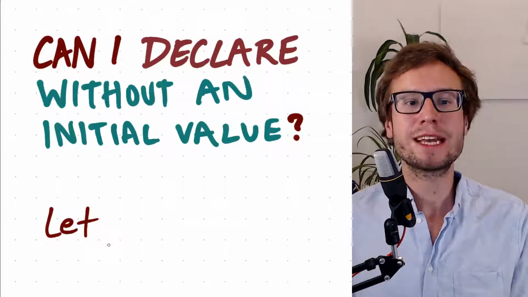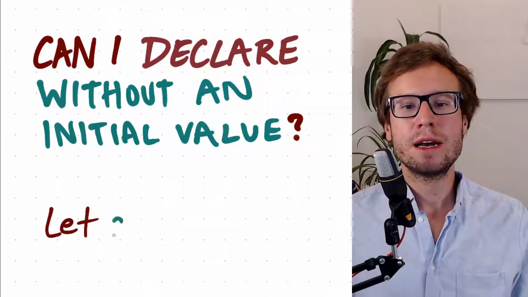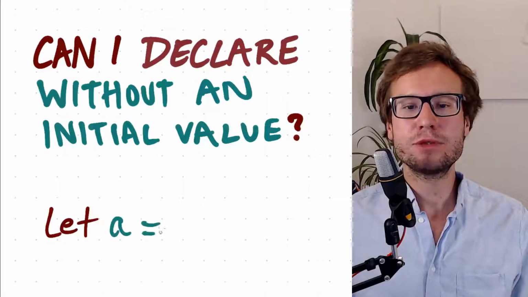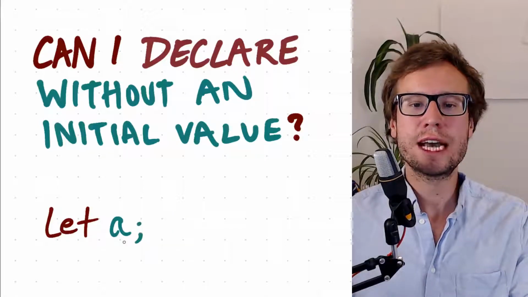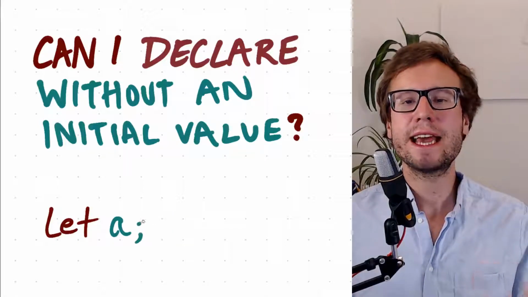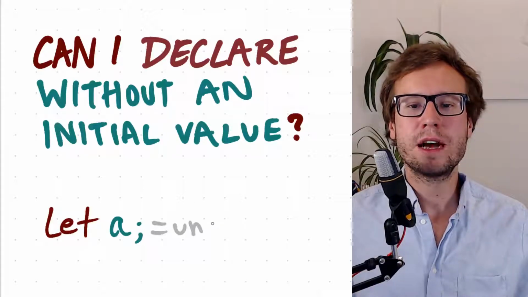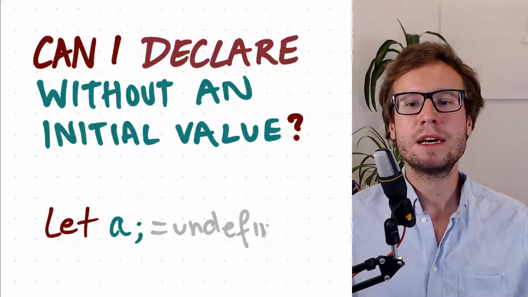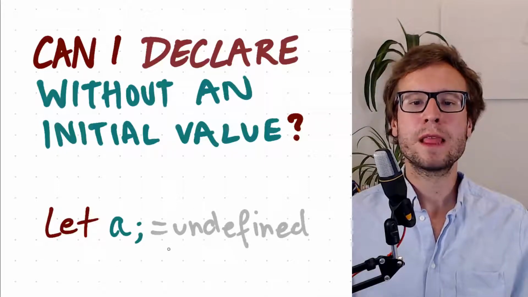We were looking at the fact that with let we can basically assign it to something right away, but we can also not. We can just have a let a, which then, like we said, is going to be, under the hood, assigned with this value of undefined.